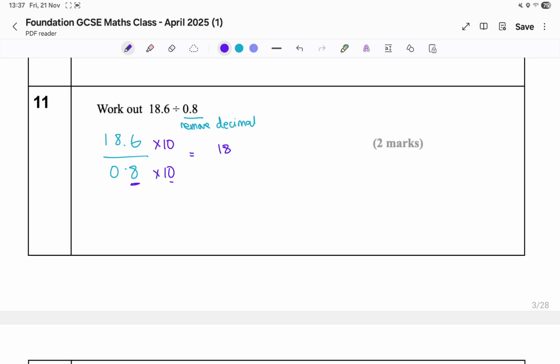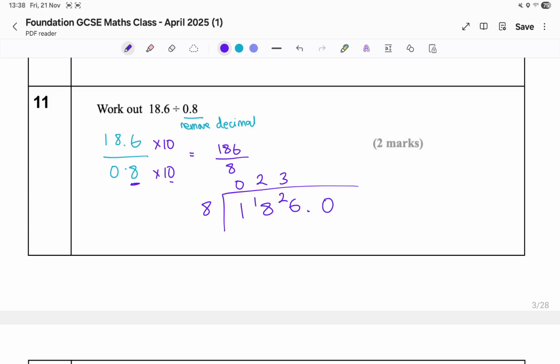So that's going to become 186 divided by 8. And now I can just work that out using bus stop method. 186. 8 can't go into 1, therefore 0. How many times does 8 go into 18? 8 16 twice, and the remainder is 2. How many times does 8 go into 26? 3 times.